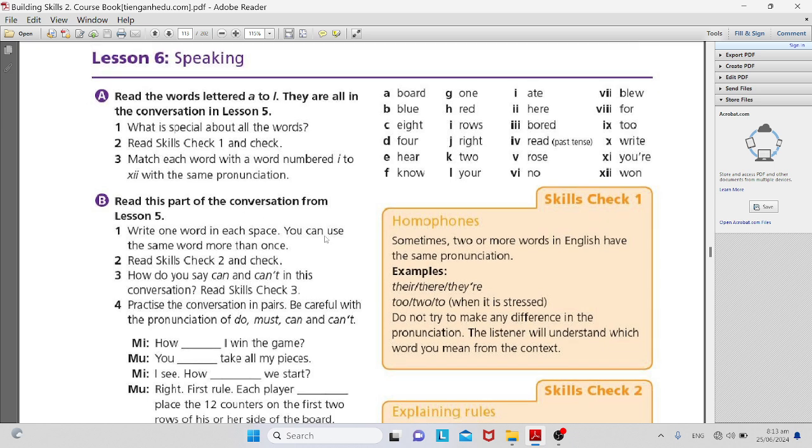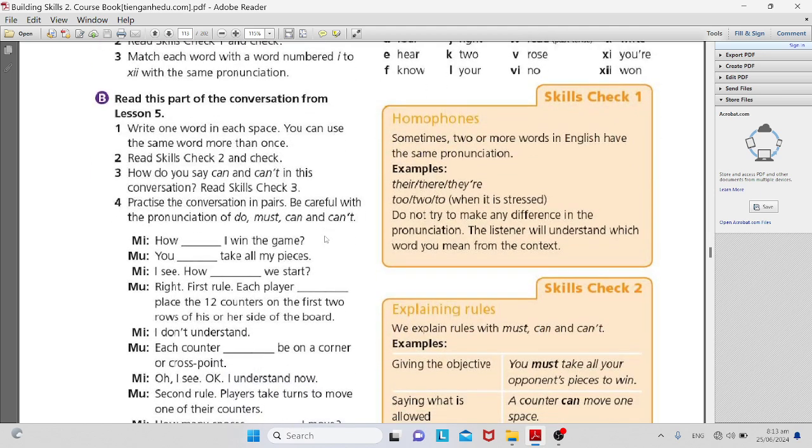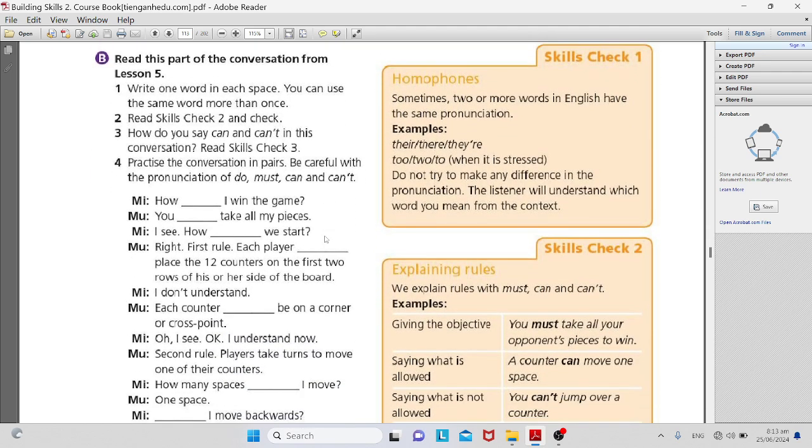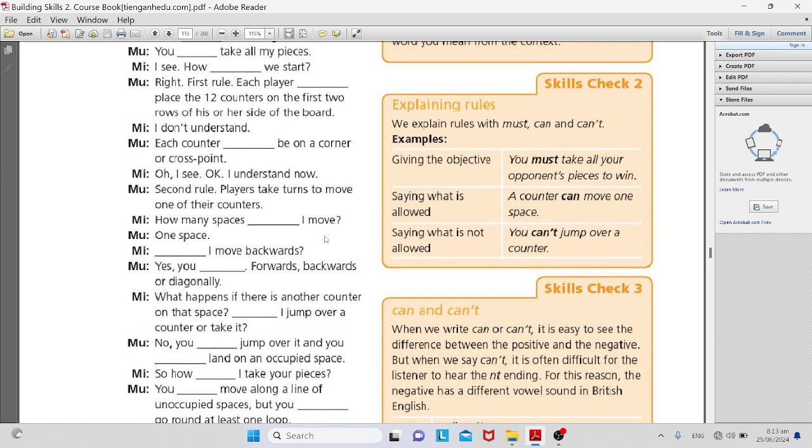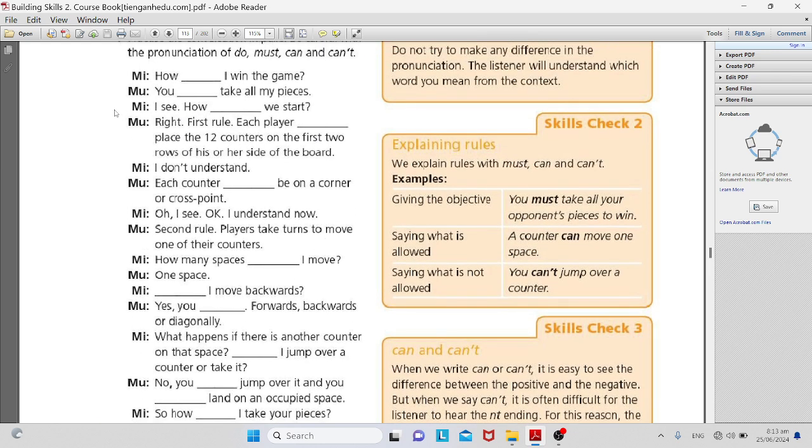Okay, exercise B. Read this part of the conversation from Lesson 5, this part here up to the end. You can make it a bit smaller.